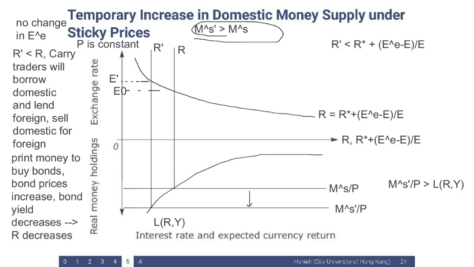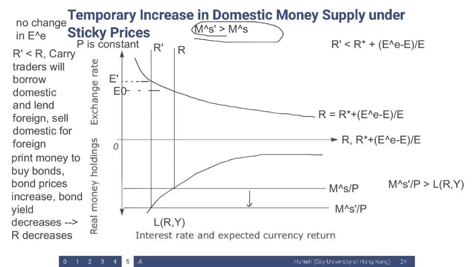We want this market to clear. If we can't change P or Y, the only thing that can change is interest rates. So interest rates have to move in a direction that offsets this increase in the left-hand side. So we have to increase L somehow. We know that L and R have a negative relationship, so decreasing R will increase L. So as a result, we have lower interest rates. Correct?